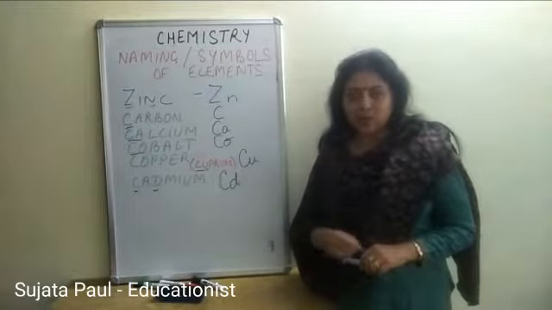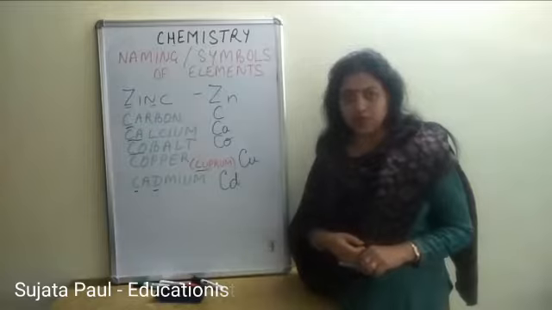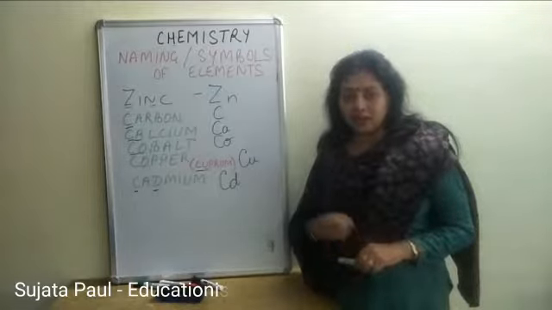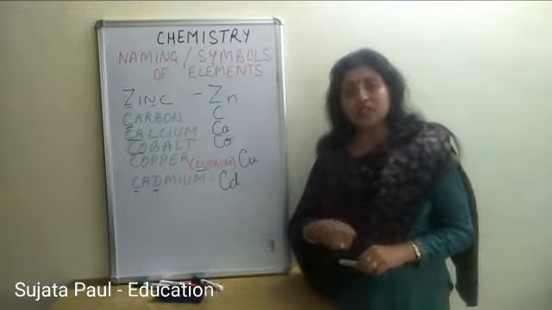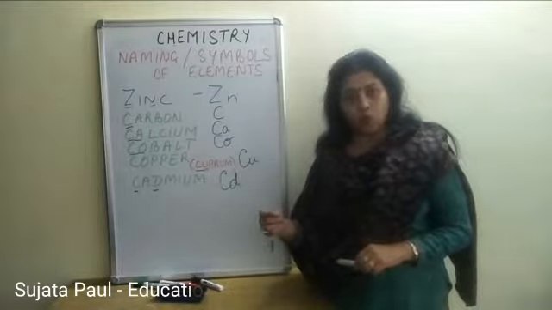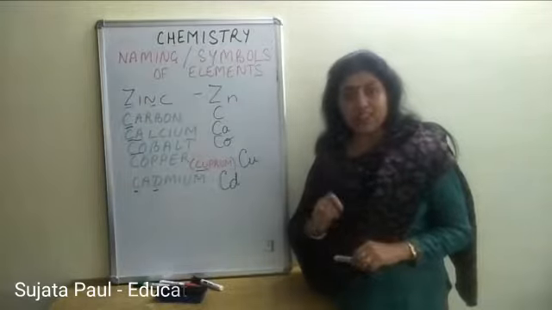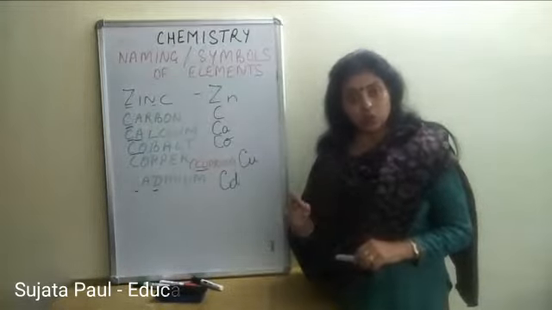So in cadmium it is not A but the D, because D is more pronounced. In cobalt, B is not as pronounced as O, so it is Co. Cuprum, P is not as pronounced as U, so Cu.